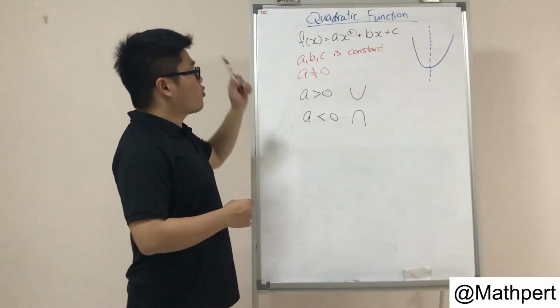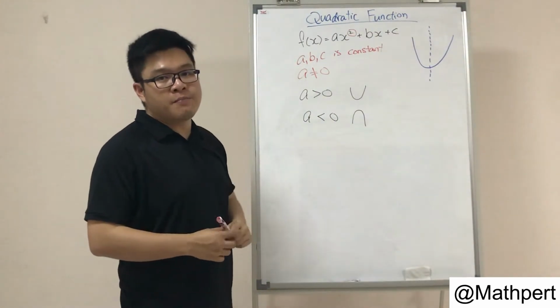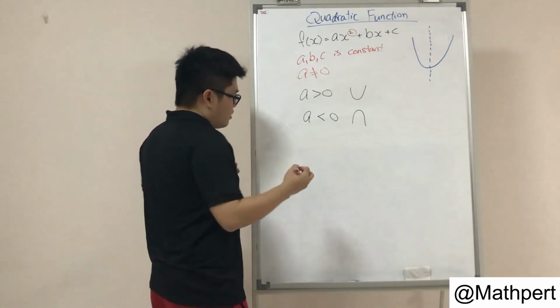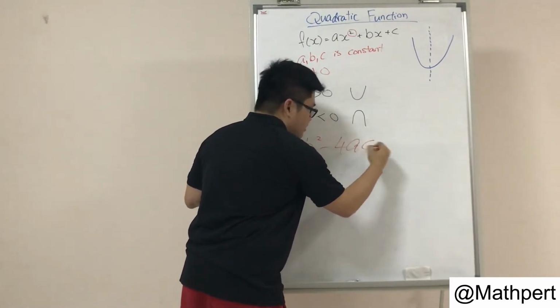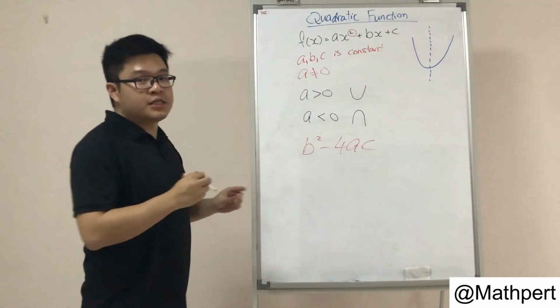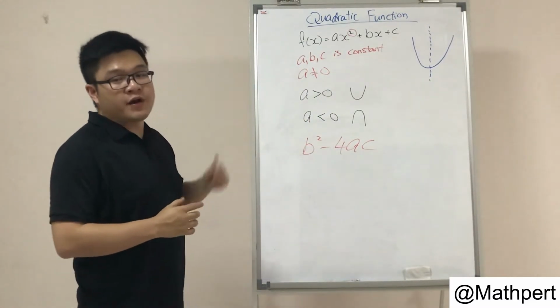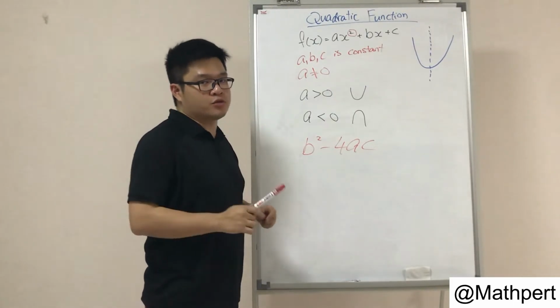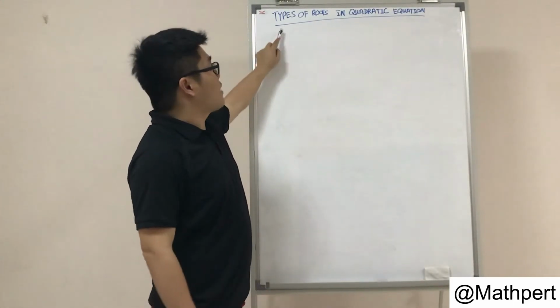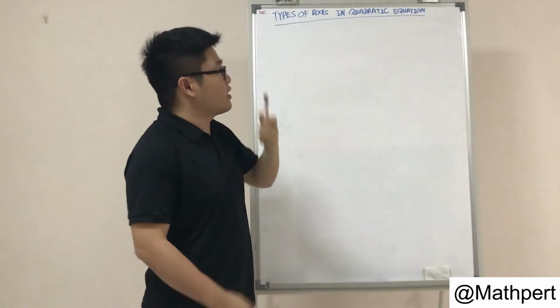And the position of the quadratic function is determined by one equation. And the equation is b squared minus 4ac. And this determines the types of roots. Now let's take a look at types of roots in quadratic equations.